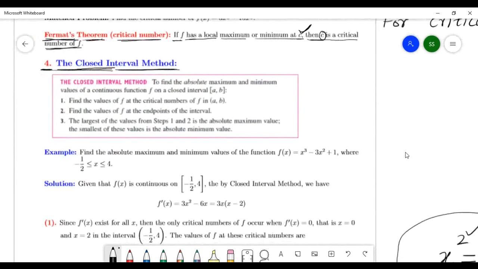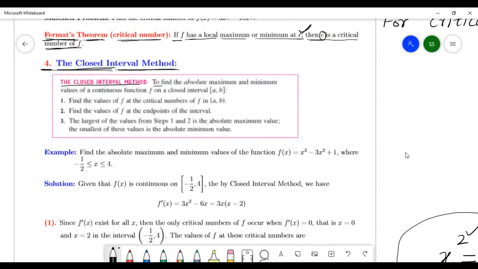Look over here. The closed interval method to find the absolute maximum and minimum values of a continuous function f on a closed interval [a, b]. Number one, find the values of f at the critical numbers of f in the open interval (a, b).